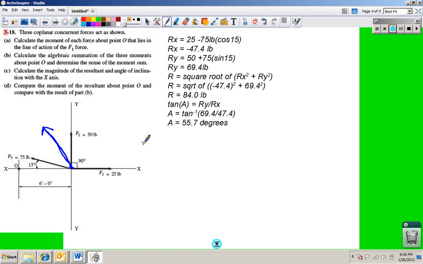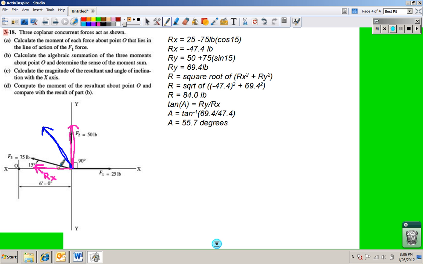Okay, and I need to break that down into what the moment is going to be. Well, if I look at the components of this one, if I just think about my Ry and Rx for a minute, Rx is again in the line.